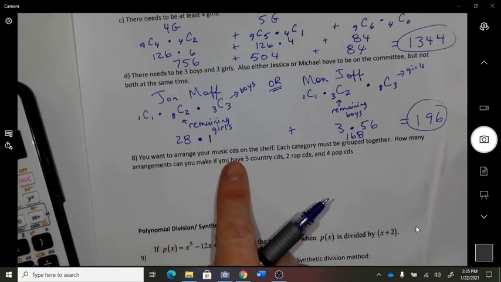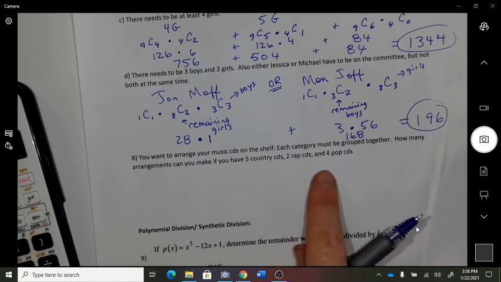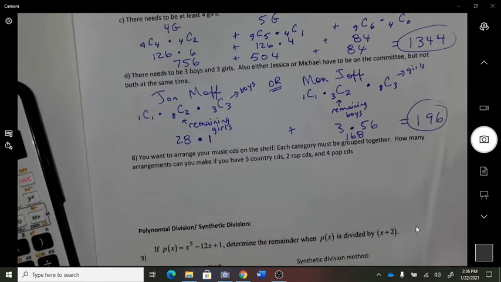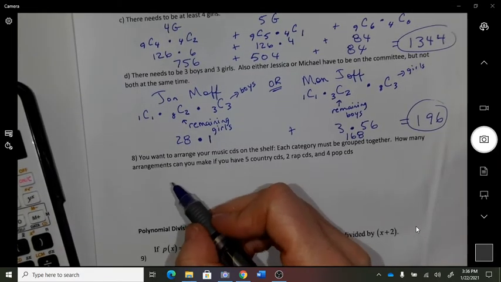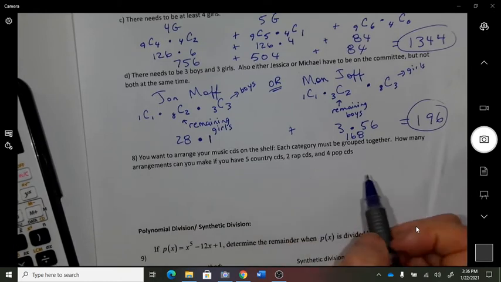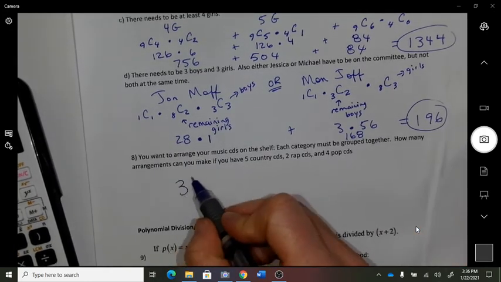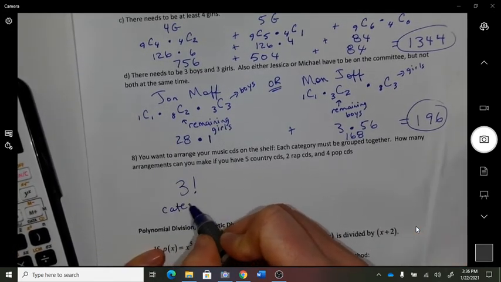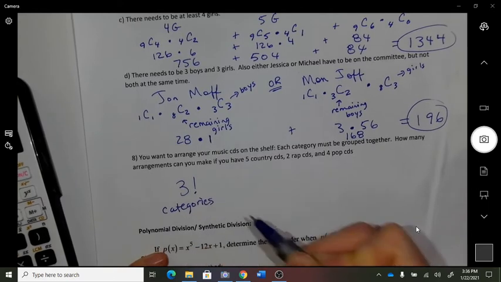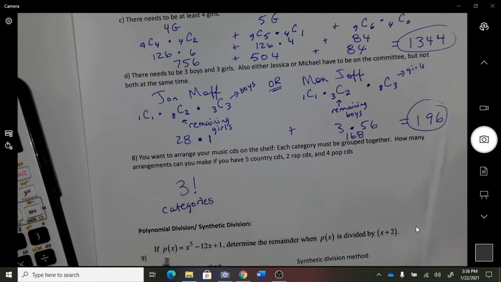You want to arrange your music CDs on a shelf, and you have all these categories. You have country, rap, and pop. You have to put the categories together. So how many categories are you arranging? So that's me saying I could do country and then rap and then pop, or I could do rap, country, pop, pop, country, rap, whatever.